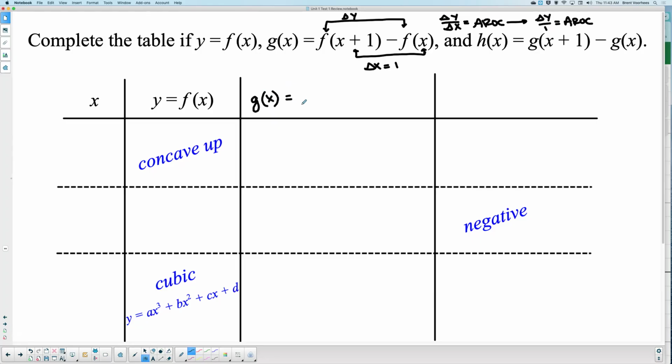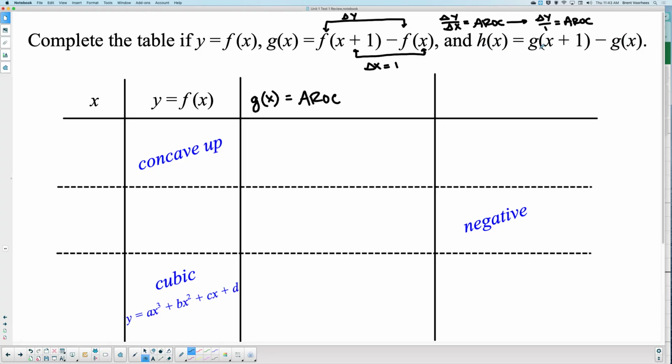G of x is equal to your a rock. This is the symbols because what's happening is it's saying your x's have changed by 1 and you're subtracting your y's. That's like y2 minus y1. You could think of it that way because these would be different y's since they have different inside values. So all that is a fancy way of saying a-rock.